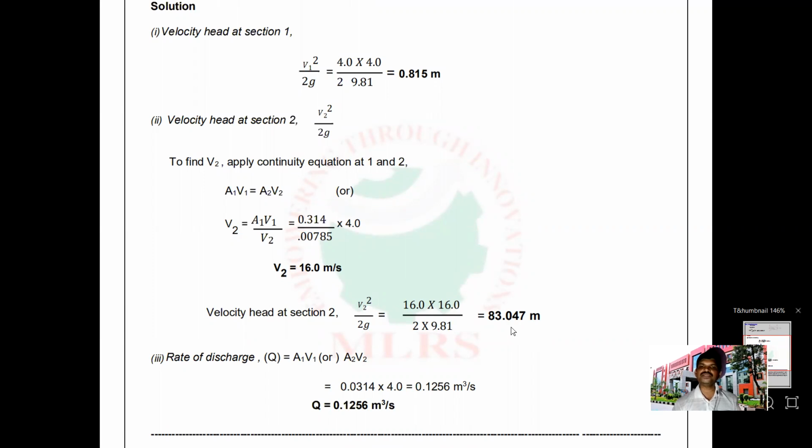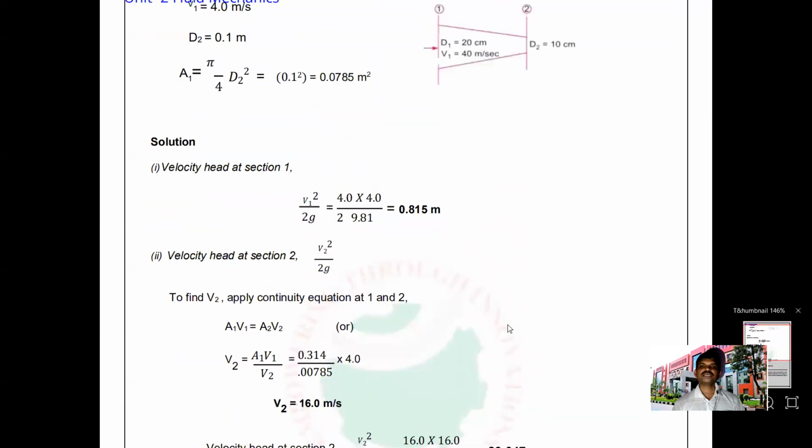Why? Because here the diameter is very small compared to this. This is 20 centimeter and this is half of that, 10 centimeter. So the diameter is reduced, here 20 centimeter, here 10 centimeter.